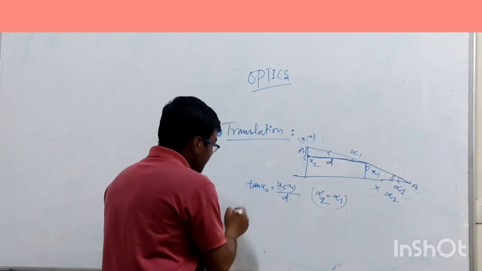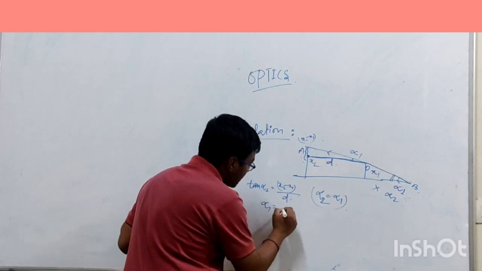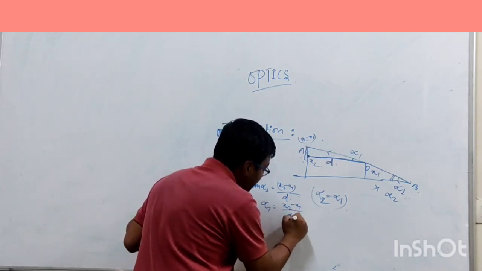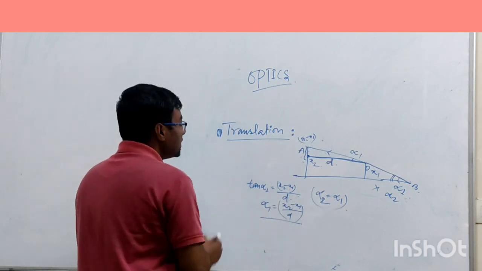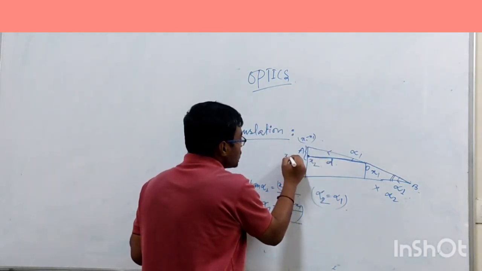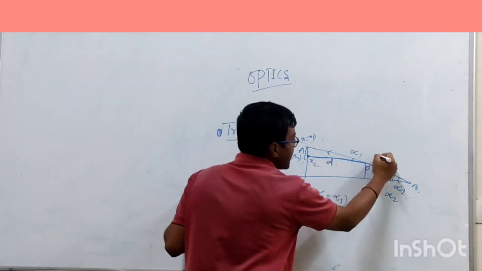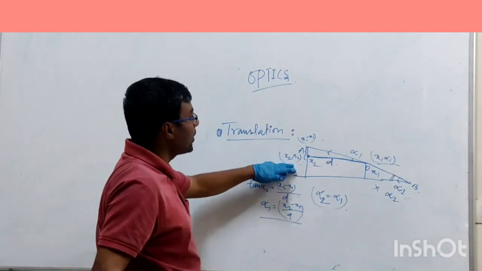As alpha is very small, or we consider only the paraxial ray, alpha 1 should be equal to x2 minus x1 by d. So if we see the relationship between the two coordinates, one is x2, alpha 2 and another is x1, alpha 1. We have to ultimately construct the relationship between this point and this point.